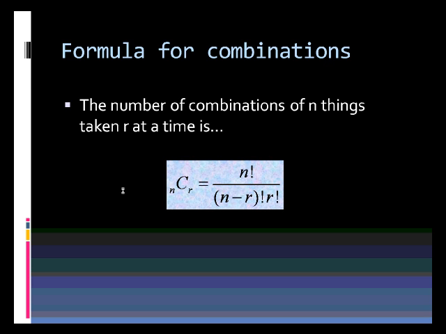How is this different than the formula for permutations? Yeah, the denominator is being multiplied by r factorial. A permutation is just n factorial over n minus r factorial. Why now in a combination do I again divide out by r factorial? Why do you think?